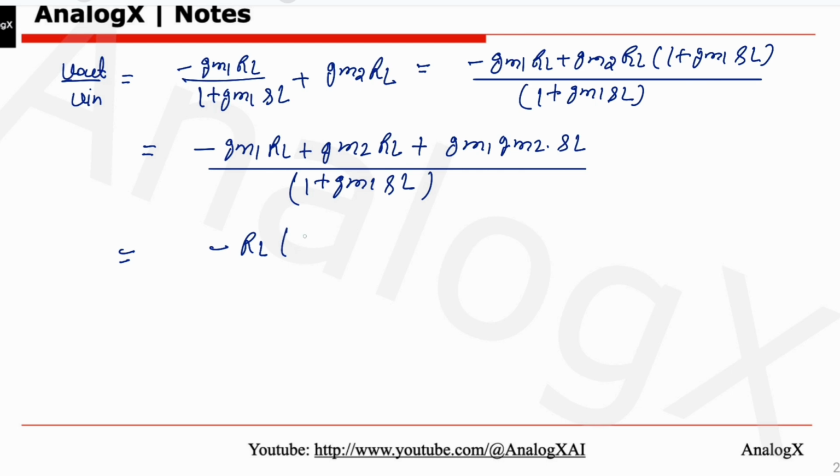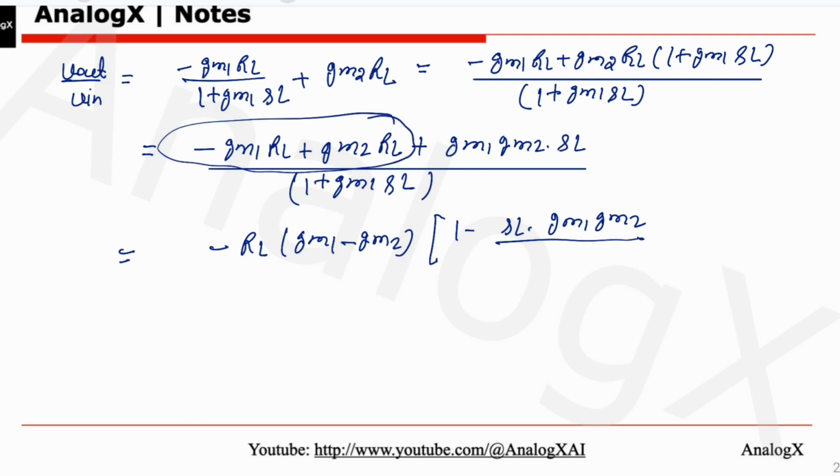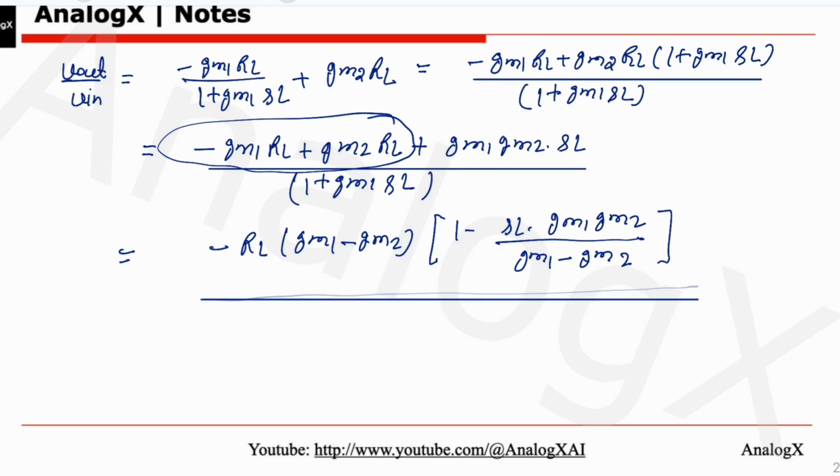So minus RL, and inside will be Gm1 minus Gm2 minus RS into Gm1 Gm2.